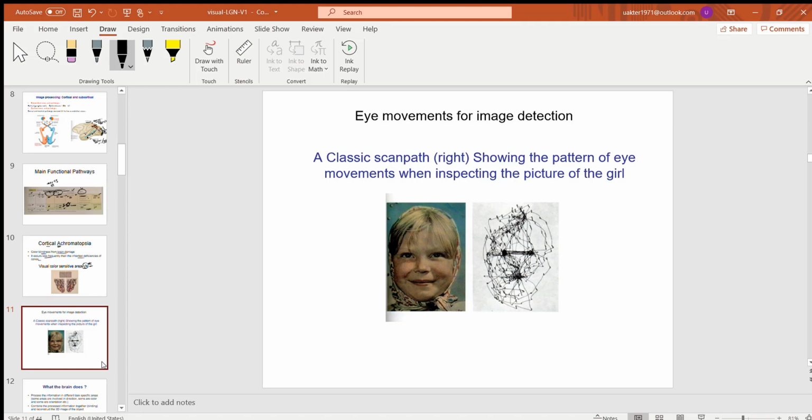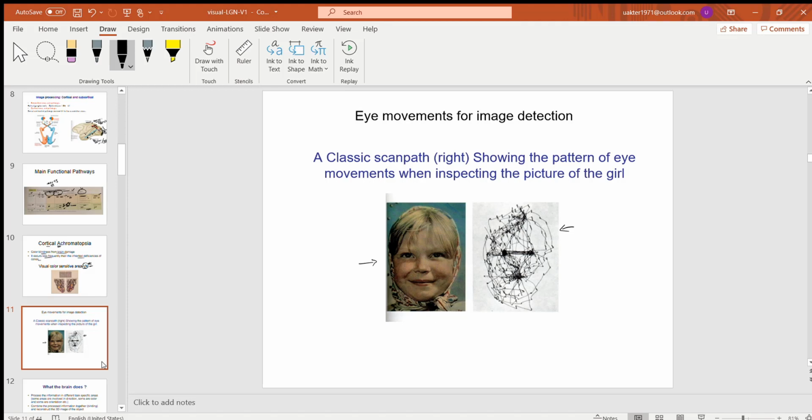So this is an interesting observation. The subject was allowed to see the face of this girl, and they recorded the microsaccades of the eyes of the observer, and you see the eyes moved frequently across different areas of the face.